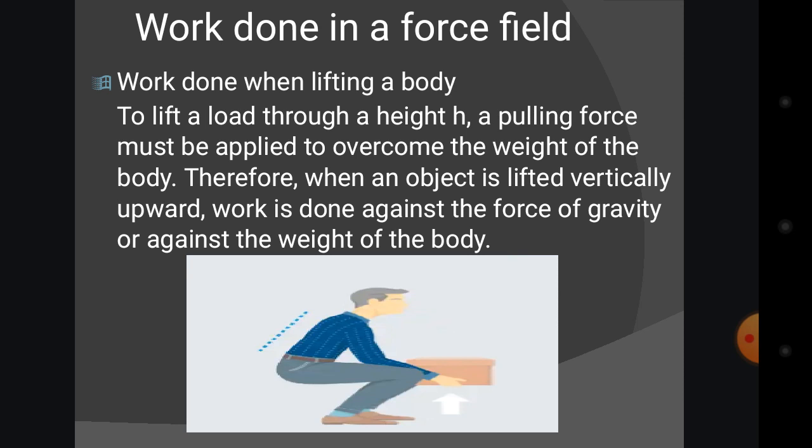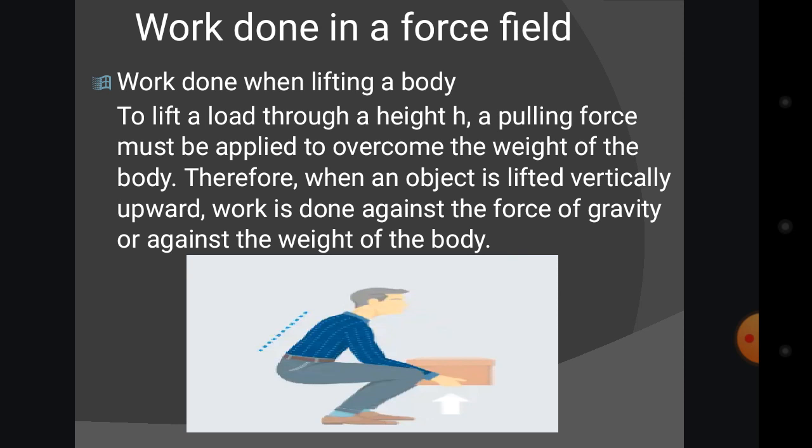If you look at this diagram, it is about lifting an object up to some height, which is h, and W is the weight of that body, particle, or object. If you go upward vertically, and you know what we mean by vertically, that means you go against the gravitational force of the earth.